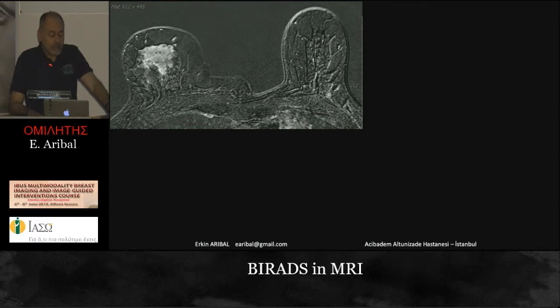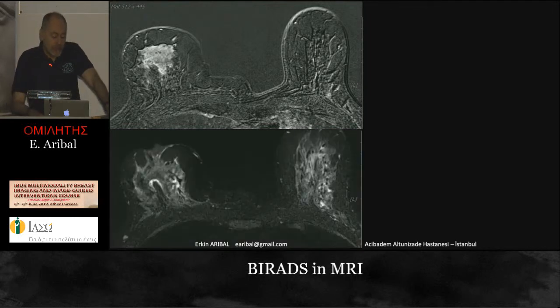It looks like parenchymal enhancement, but when you look closely, you see that it retracts the glandular tissue around, the fatty tissue around, or the whole breast. You see the shape of the breast is different. And here is the T2 weighted image where you don't see any brightness.